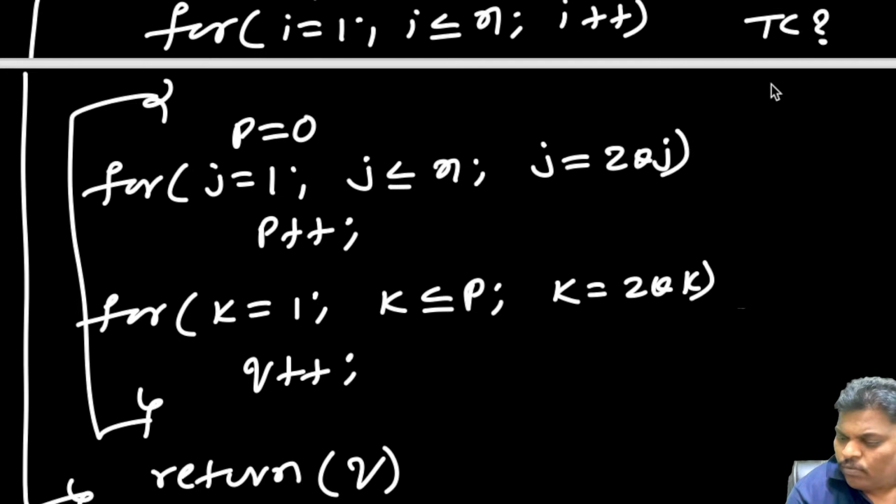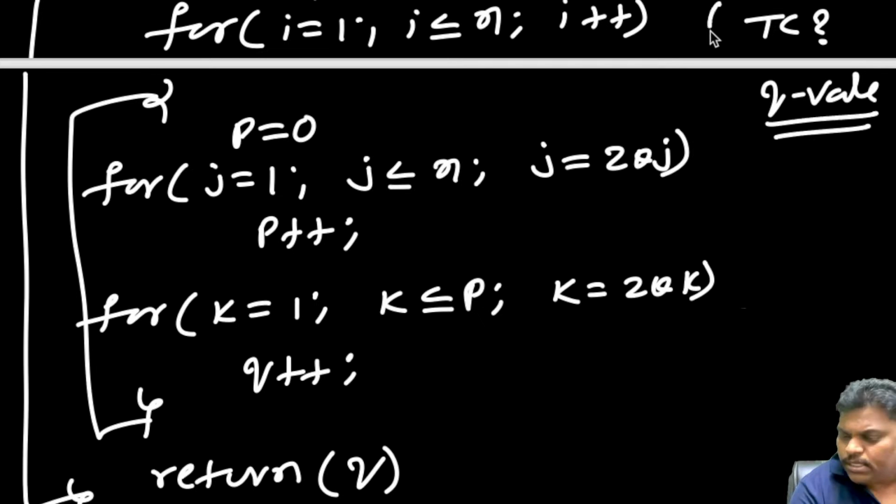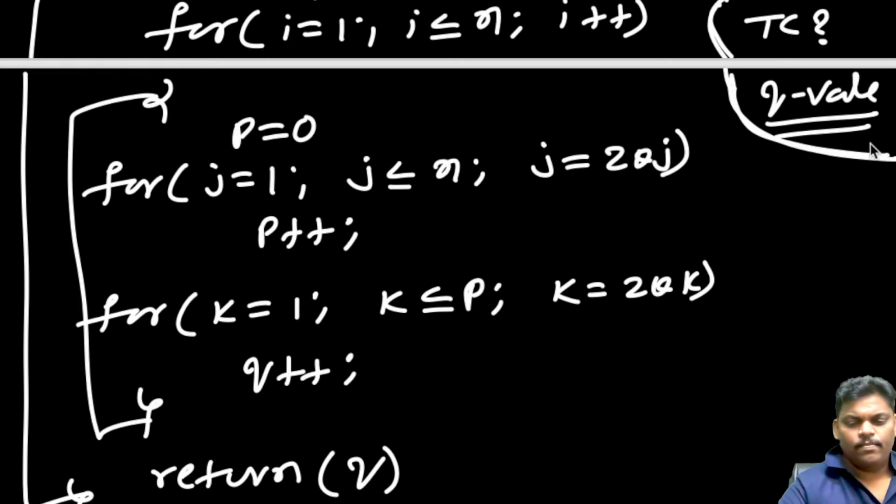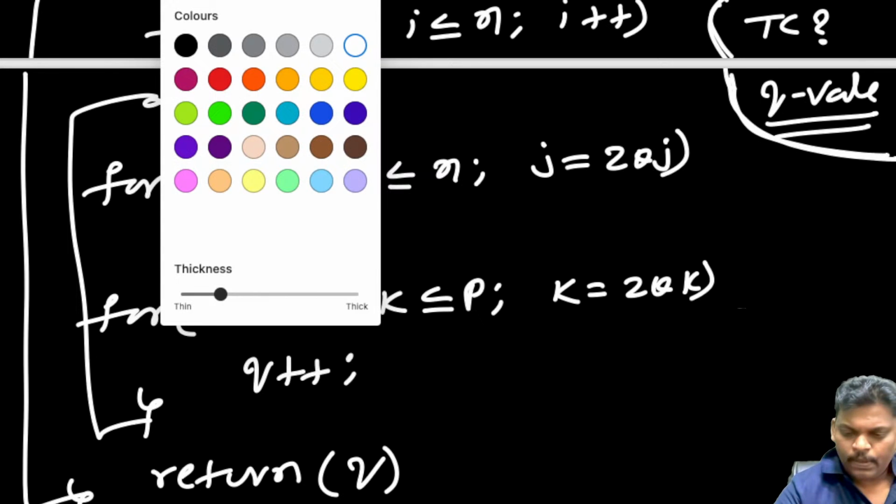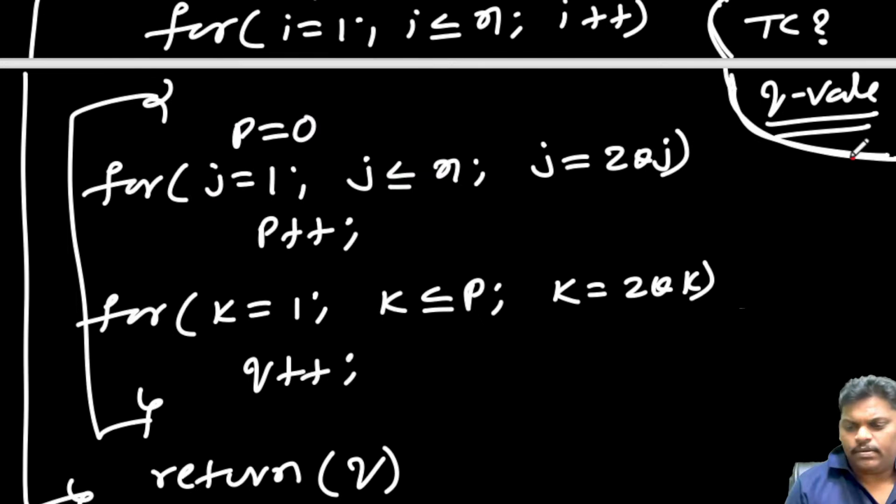And one more, what will be the q value? Both things are required. Calculate the time complexity, and calculate the q value also.